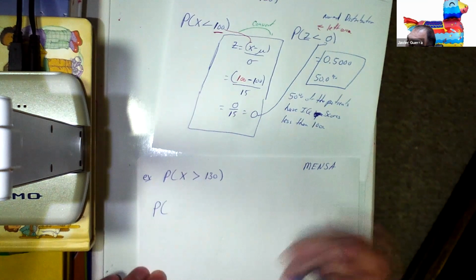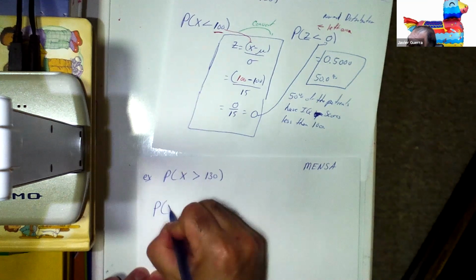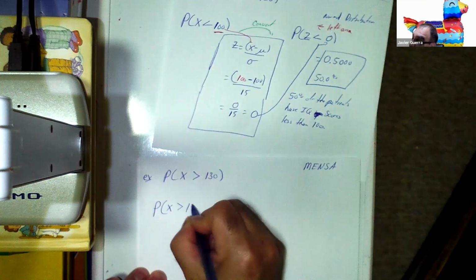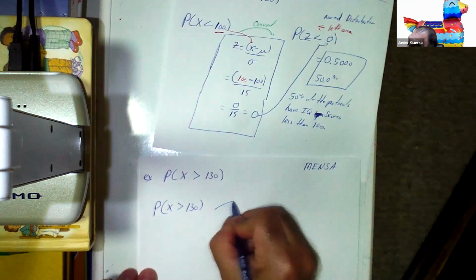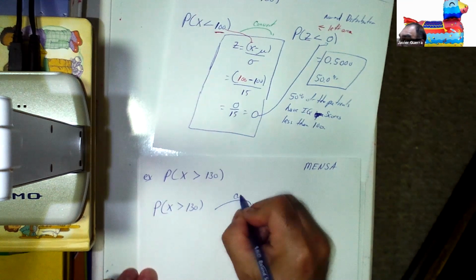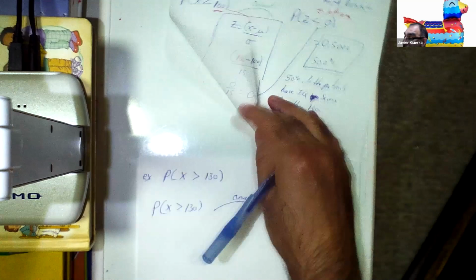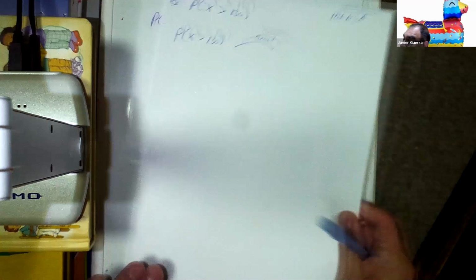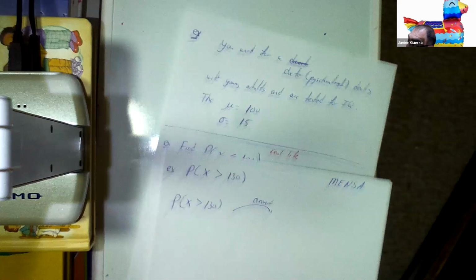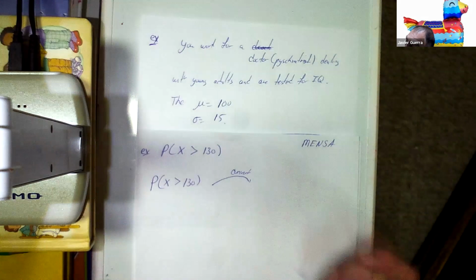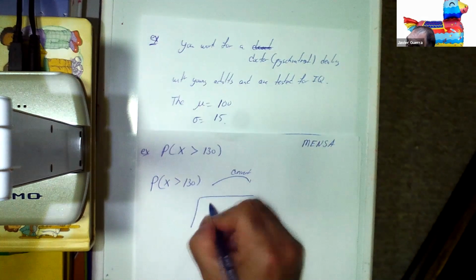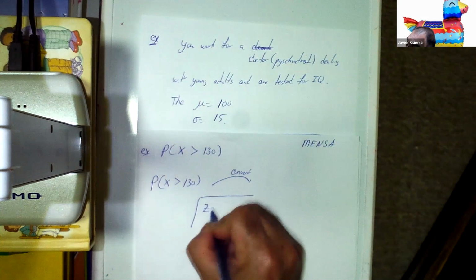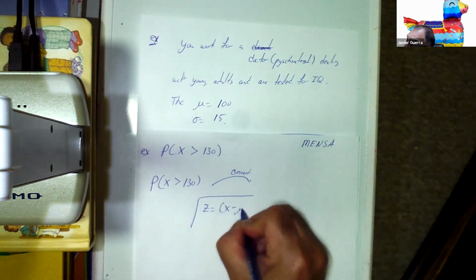All right, here we go. So here I'm going to write down the probability again. We're going to convert. I'm still using the fact that my mean is 100 and my standard deviation is 15. All right, so I'm going to do my conversion. Here's my box. Conversion box. Z equals x minus mu over sigma.